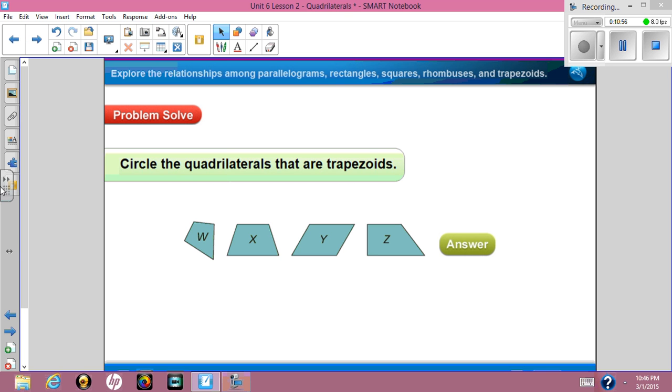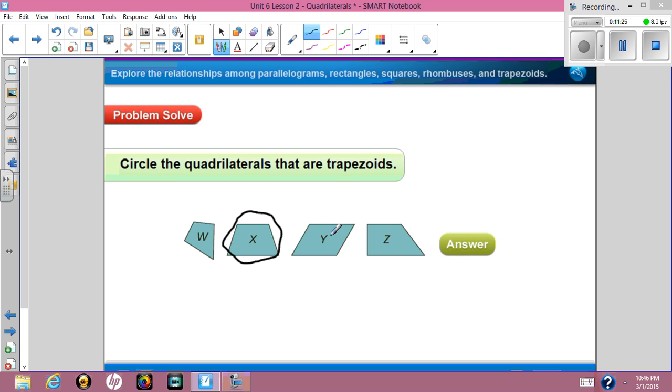This first figure does not have any parallel lines, so we're not going to identify that. This second figure X, this polygon, has four sides. It has one pair of parallel lines, so this one fits the category of a trapezoid.